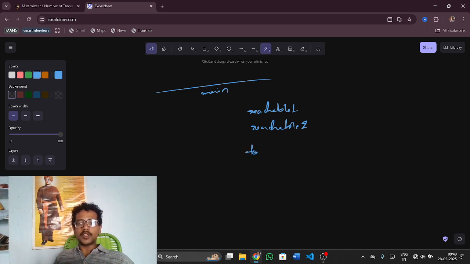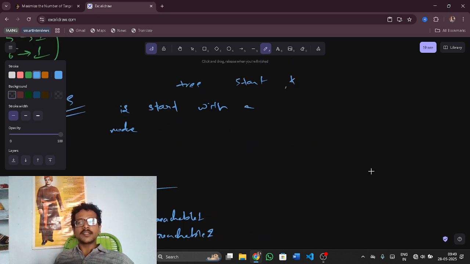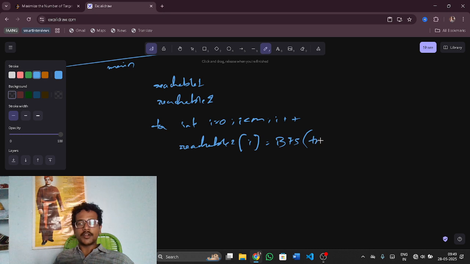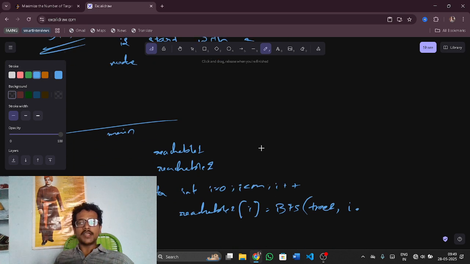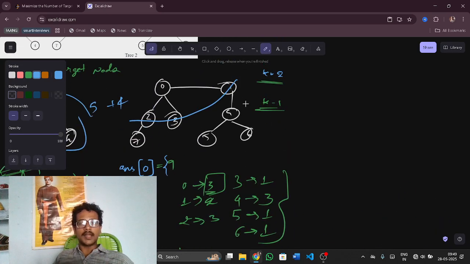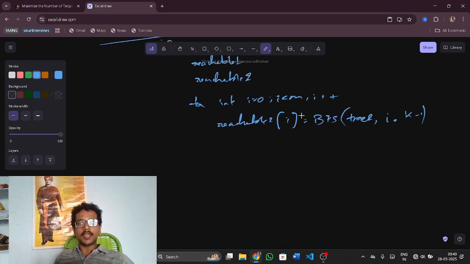For reachable of 2, for int I is equal to 0, I is less than m, I plus plus, I'll call reachable 2 of I is equal to BFS of what is the starting node, right? So the tree is tree 2, and the starting node is I. And what is k? K is k minus 1, as I said. So I'll be going till k minus 1 for a node in tree 2.